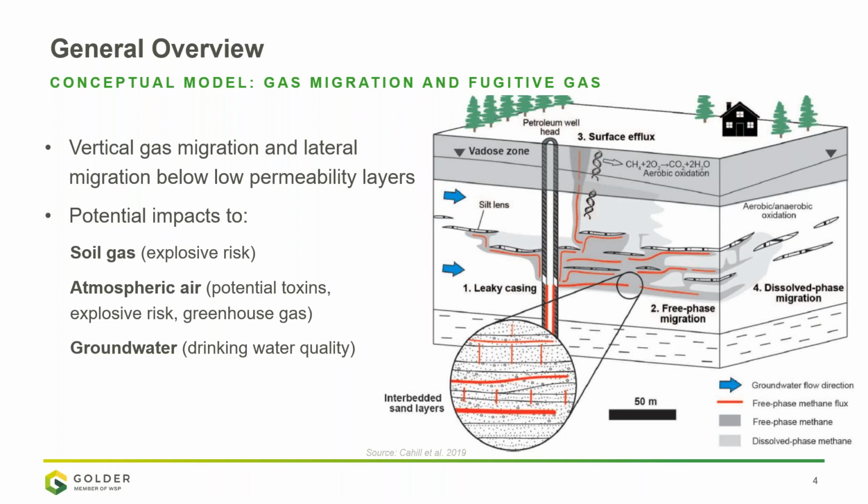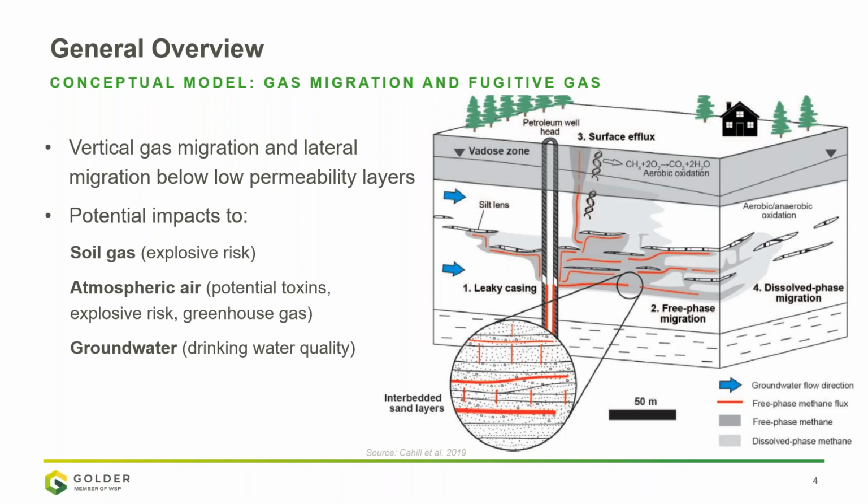It then continues to migrate up into the vadose zone, where again, it can migrate laterally, and the process of methane oxidation can be important. And then ultimately the gas emits from the ground surface in a pattern that's not necessarily the same as the subsurface pattern. So there can be impacts potentially to soil gas, particularly presenting potentially an explosive risk to adjacent buildings.